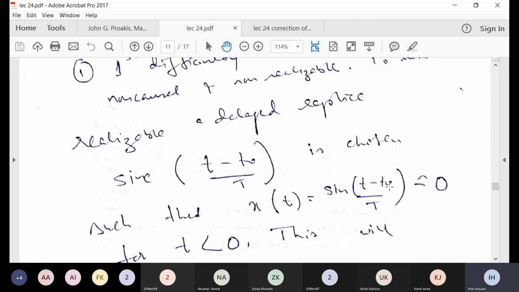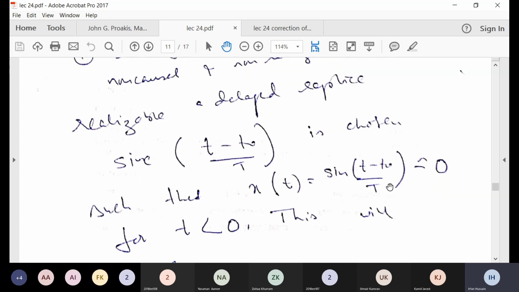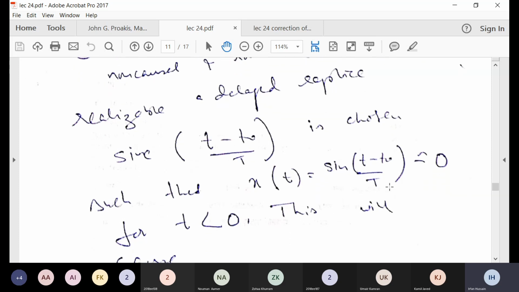So you can see that once you shift the sinc in the positive axis, in the negative axis you will still have the sinc, but lower values will be occurring. So we can neglect those, and we can say that yes, there is a proper sinc, but it will have almost negligible values.